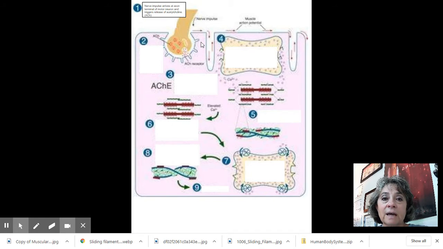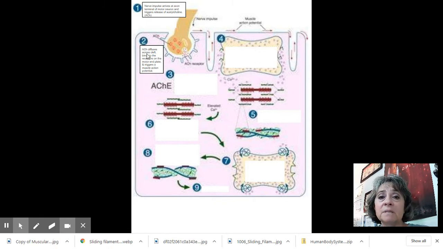So that's the first thing that happens. The nerve impulse is traveling along the membrane of the muscle. Remember, that's the epimysium, and it's going to go deep within the muscle to get to the microscopic parts.